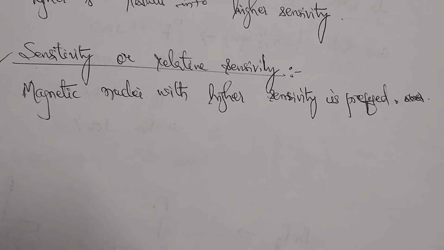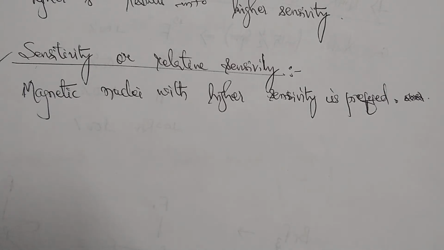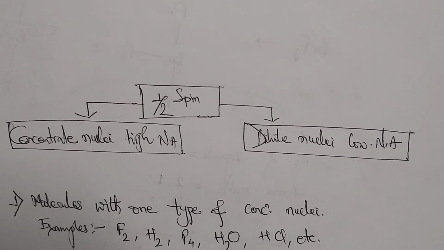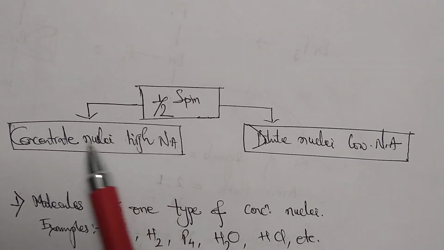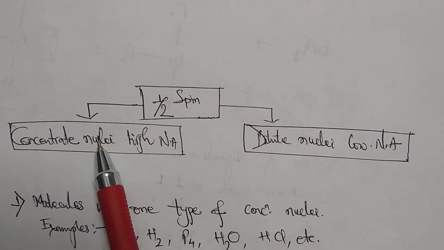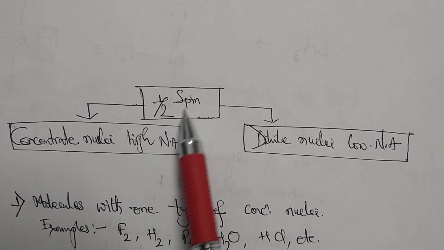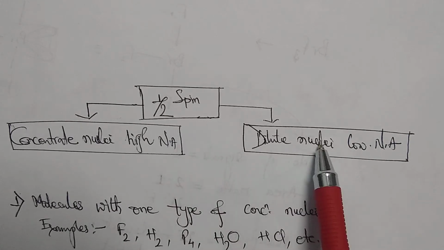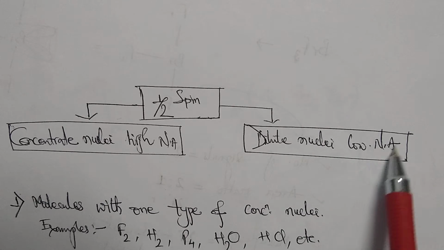Now with this brief discussion of the basic properties of the nuclei in heteronuclear NMR, we will proceed to nuclei with spin half, which we have seen already. Concentrated nuclei are those with high natural abundance, and dilute nuclei are spin half nuclei with low natural abundance.